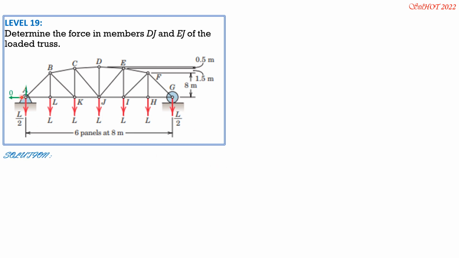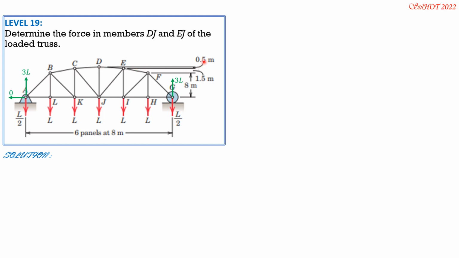So horizontal is 0 at A, then that's 3L, and that is also 3L. There's no need to set moment about A equal to 0 and then solve for the reactions because of the geometric symmetry of the truss plus the loadings. So we compute first the angle that CD and DE make with the horizontal.